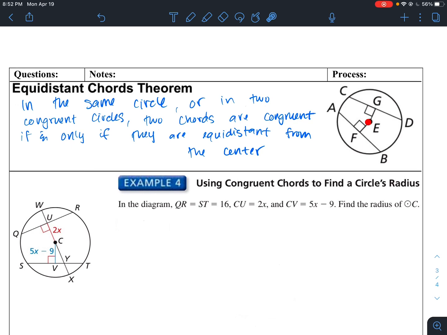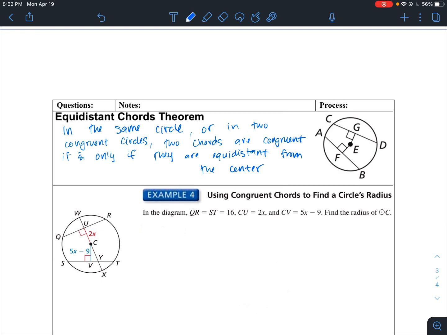So like if we take this right here and we draw the distance from here to here, and if we draw similarly the distance from here to here, and these are equidistant, so the same distance away from the center, then the chords AB and CD would have to be congruent. So these are congruent if and only if these are congruent right there. So that's pretty much all it says.